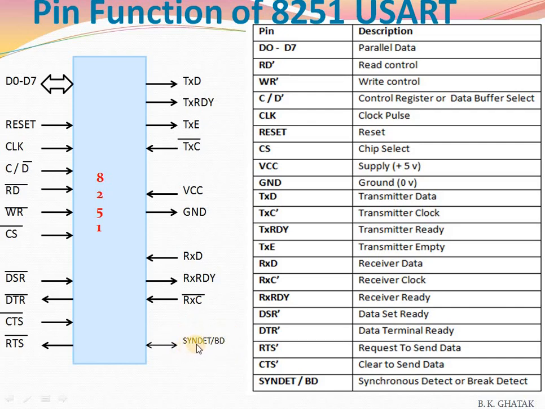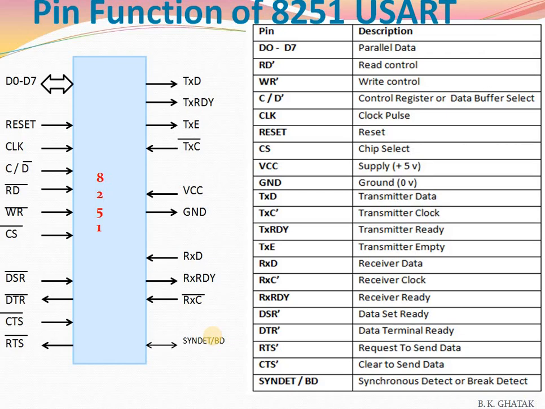And this one is an input output terminal. This is SYNDET, that is synchronous detect or break detect. So this is an output or input terminal. This pin is used in synchronous mode as SYNDET, synchronous detect, for detection of the synchronous character, and may be used as either input or as output.